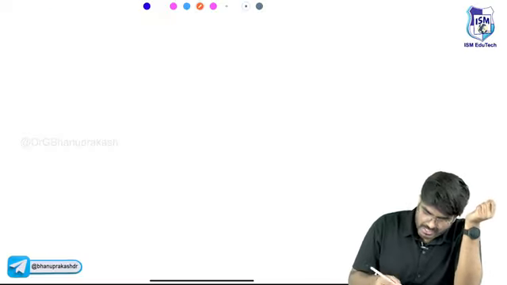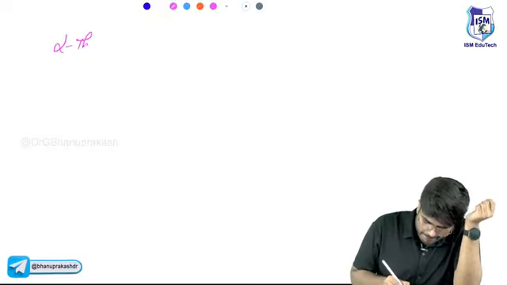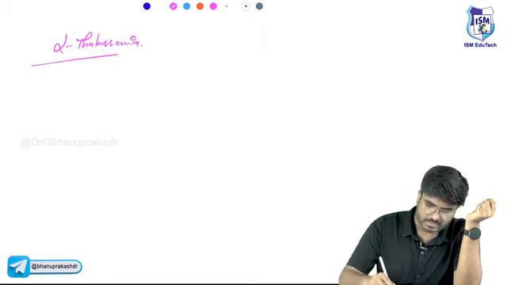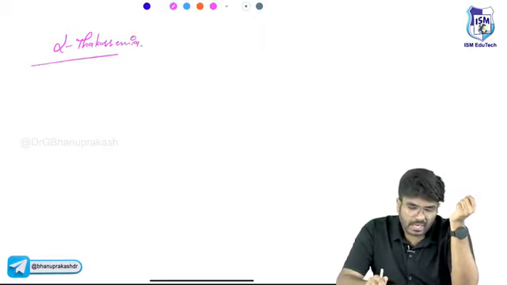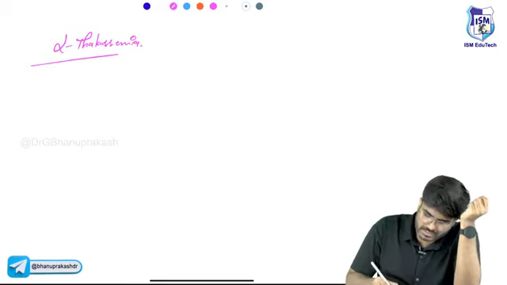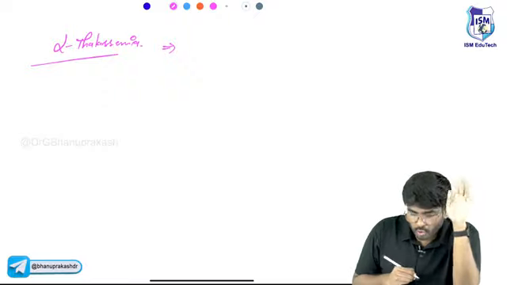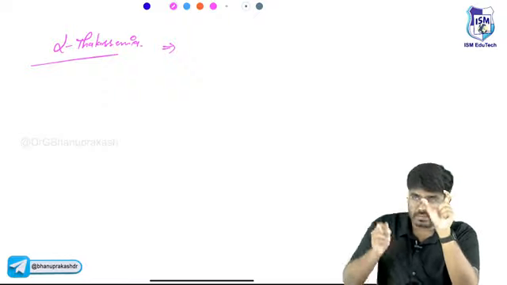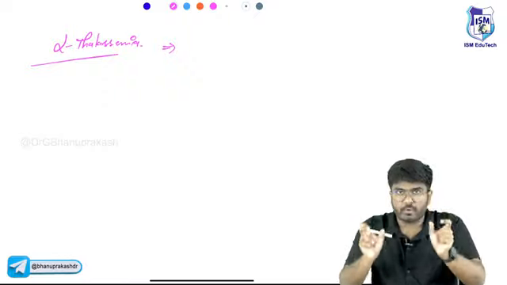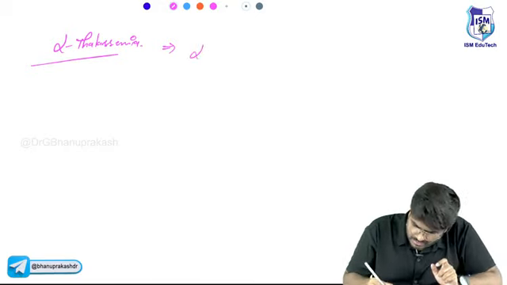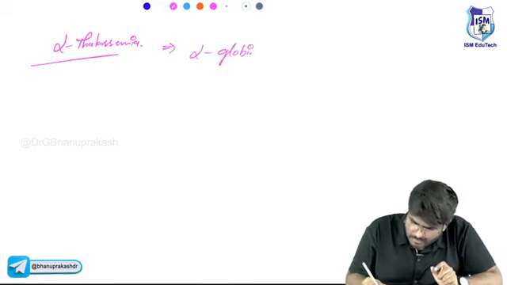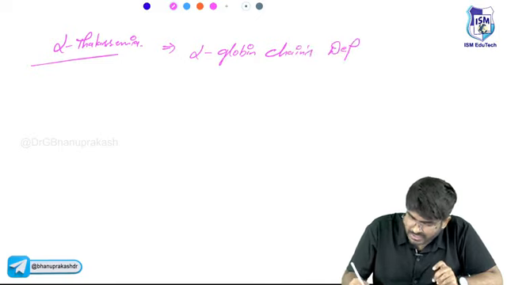So first let's discuss alpha thalassemia. In alpha thalassemia, alpha globin chains are deficient.